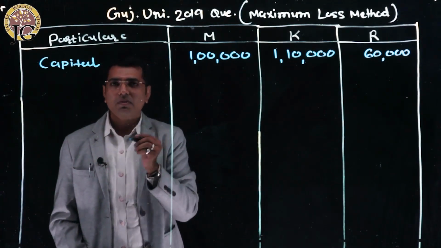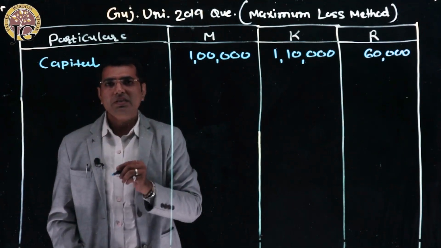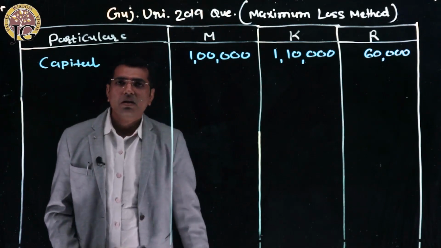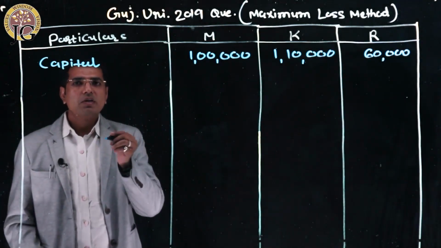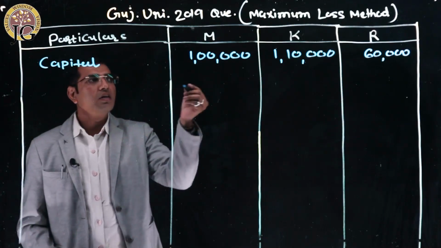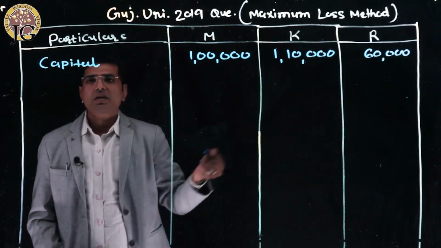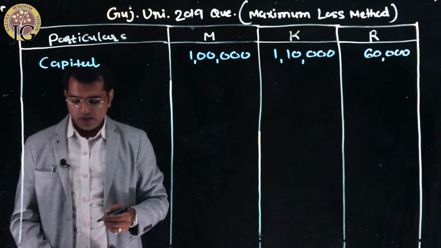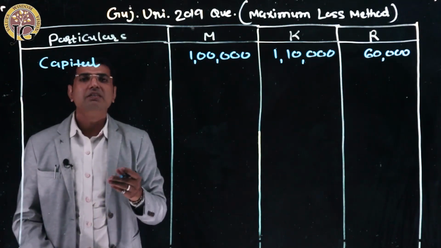So in this sum, no liabilities are there. We can directly start our sum with the maximum loss method. So we distribute the maximum loss, but to find out the maximum loss, we have to compare capital with the total payment, right? First, let us see how much cash is with the firm.